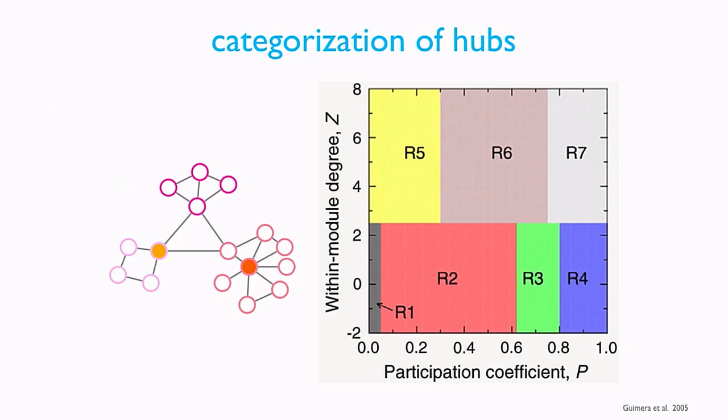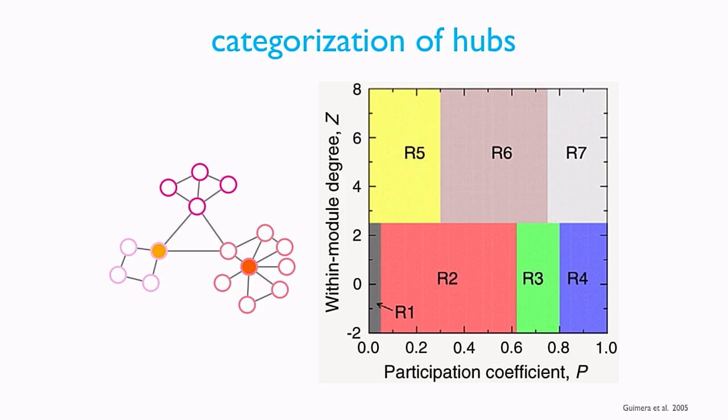Now, Guimera and colleagues said, if we have those 2 different metrics, we can define a certain space, and we can then place every one of the nodes within that space, which reflects whether these are more connector nodes or more provincial nodes.